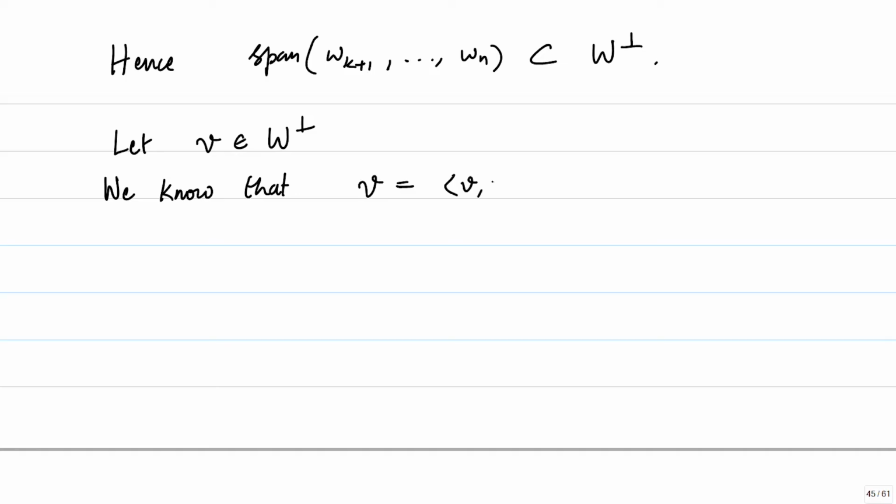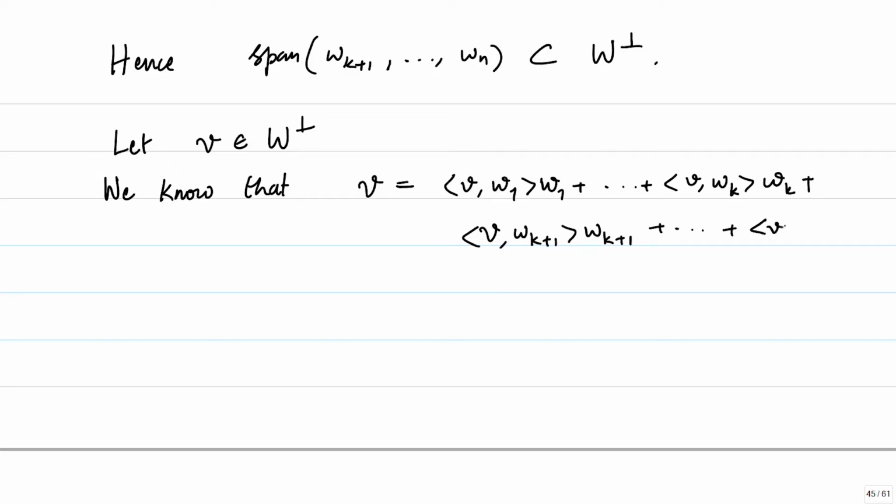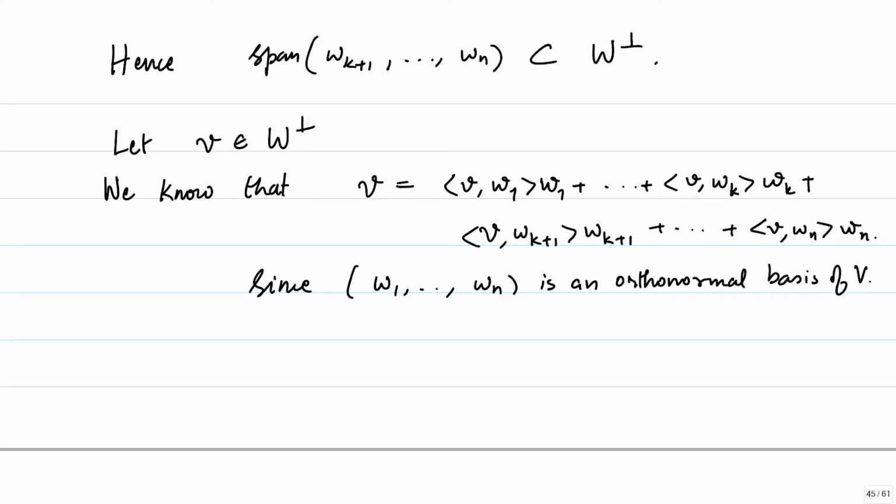So v is equal to v inner product with w1 times w1, plus and so on up to v inner product wk times wk, plus v inner product wk plus 1 times wk plus 1, plus up to v inner product wn times wn, since w1 to wn is an orthonormal basis of v. So, any vector can be written like this.